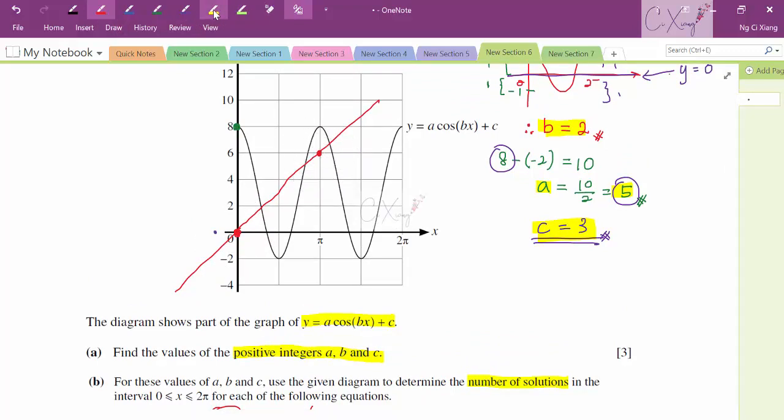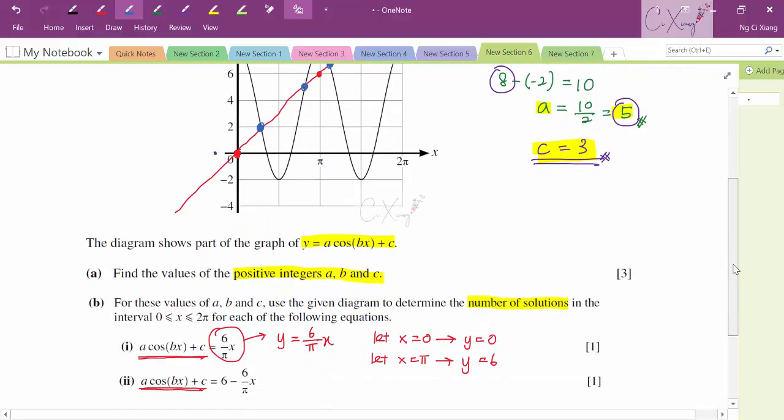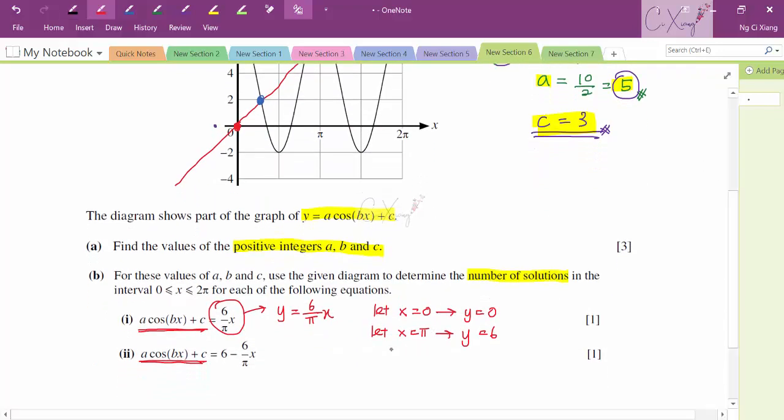Oh, sorry, how many are there? There are 1, 2, and 3 intersection points between the straight line and the curve. So there are 3 intersection points here. Therefore, the number of solutions will equal 3.